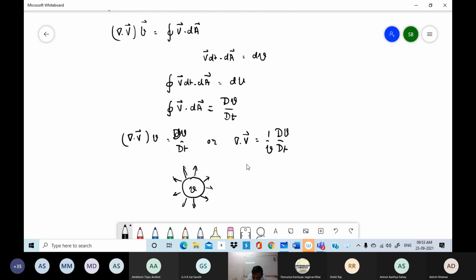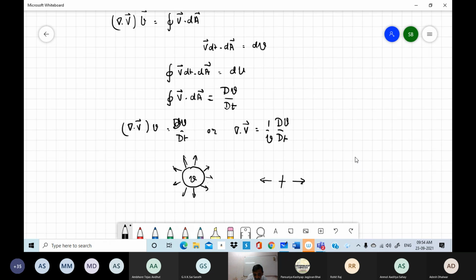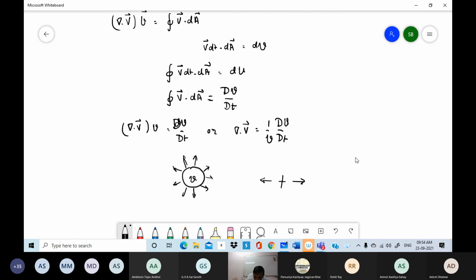So if I have an Eulerian velocity field which has positive divergence, so if I have Vx like this, then the del Vx by del x would be a positive quantity. And then I have velocity diverging out, which means my volume of a material element is increasing with time. So a positive divergence velocity field means volume is increasing with time.